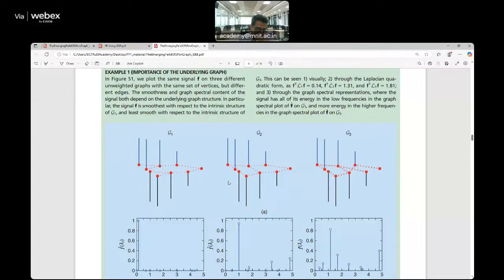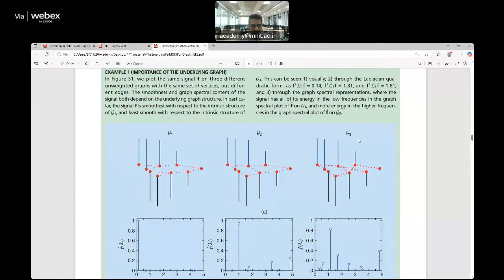In G2, here you observe that one connection is there, so there is more fluctuation. When we move from one node to another, there is more fluctuation from positive to negative in the graph 2 structure.